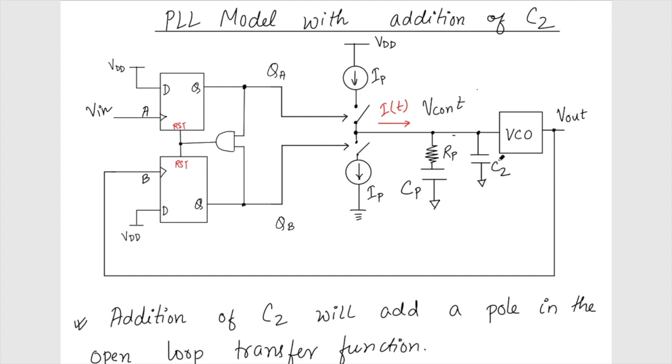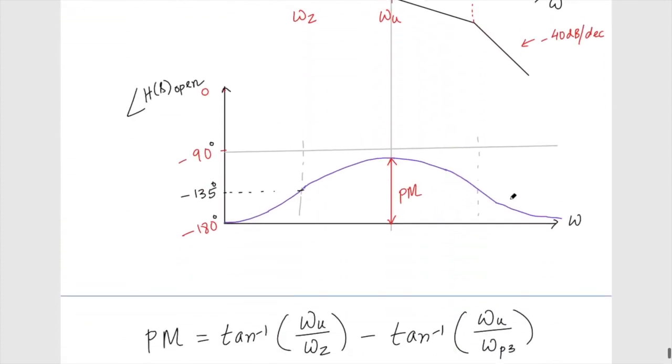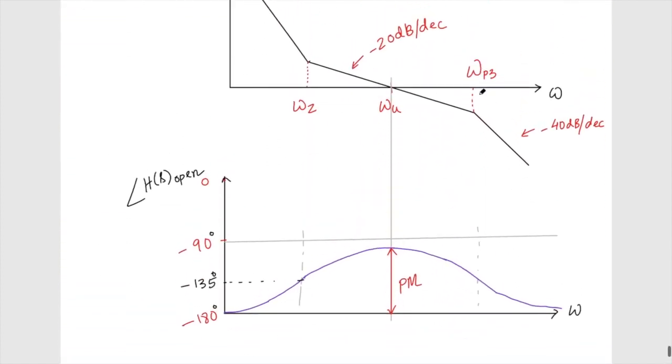If we make C2 very large, the system is going to become unstable, because the phase margin is going to reduce as I bring omega P3 closer and closer to this one. So we need to take care of this while we design the PLL.